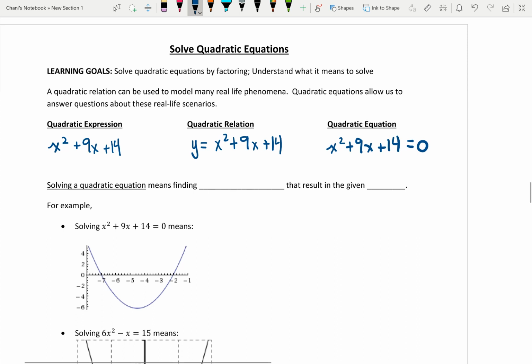So solving a quadratic equation means finding the x value, or in this case, it could be multiple values. So the x values that result in the given y value.